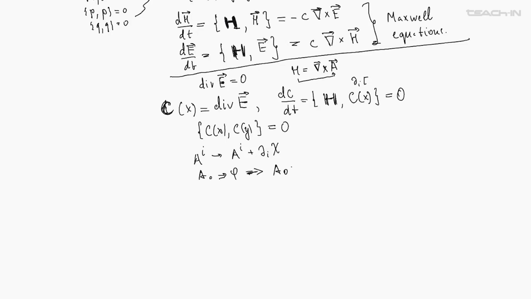So this is d_0 chi. This is the same as to say A_0 minus d_0 chi. These are gauge transformations of the vector potential and the scalar potential.